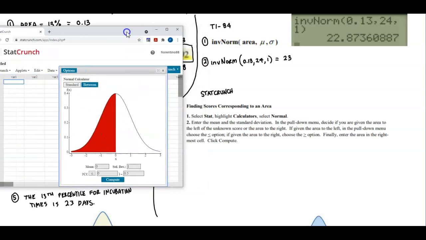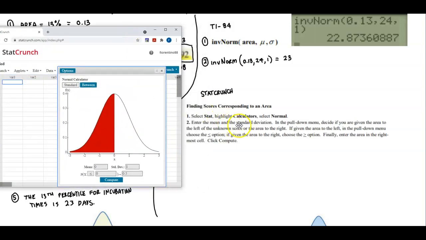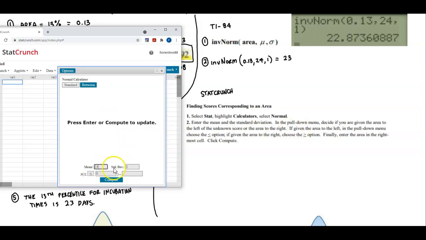Now when we see Normal, it says enter the mean and the standard deviation, so we're going to enter the mean, which is 24, and we know that the standard deviation is 1. Then it says in the pull down menu, decide if you are given the area to the left of the unknown score or the area to the right.